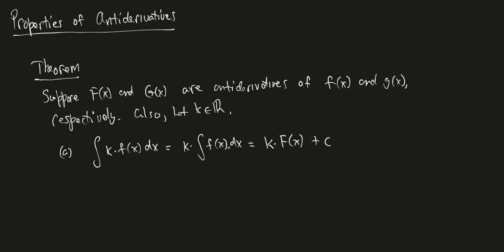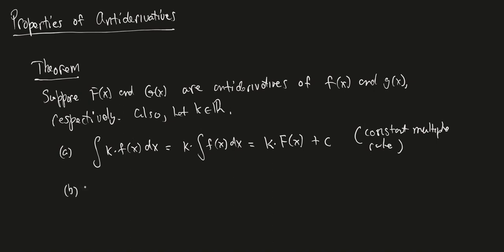So this is the constant multiple rule, but now for antiderivatives, and it looks very similar, and it's meant to look very similar to the constant multiple rule for derivatives.